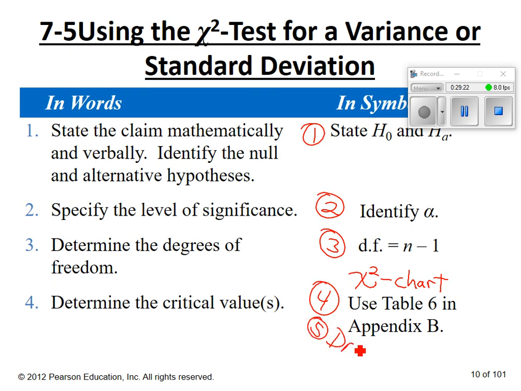You're going to draw the picture for 4 and 5. Need to go back and redo all those, I guess. Draw it, label the critical values. You've got to find the critical values in whichever chart.